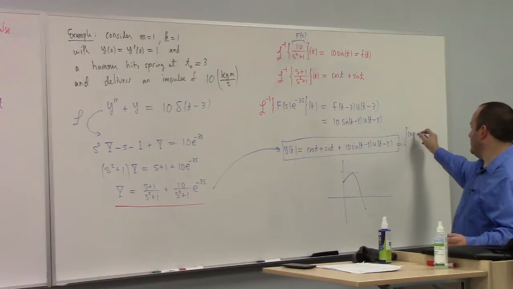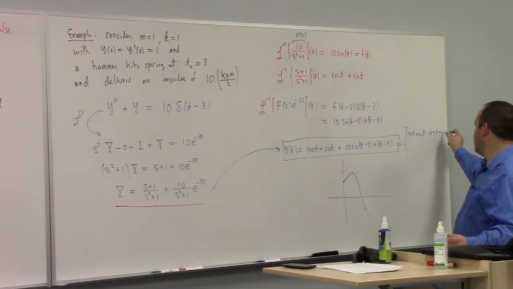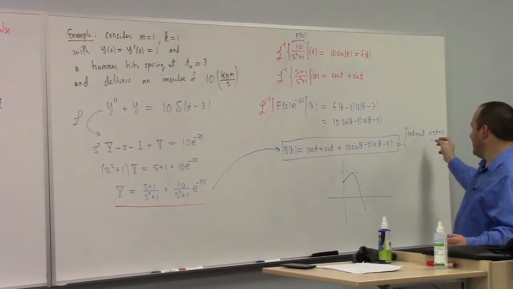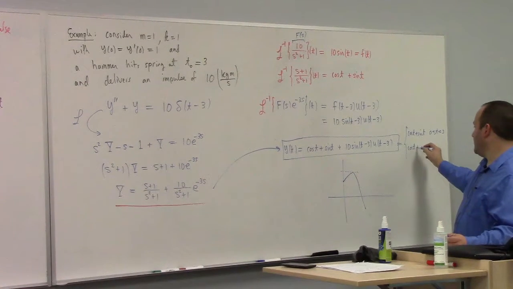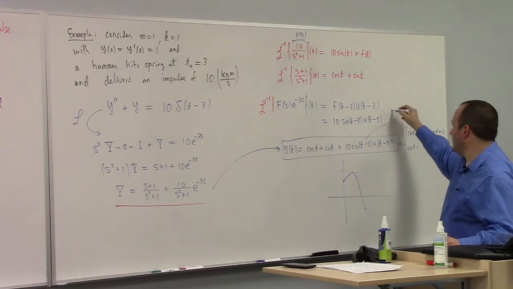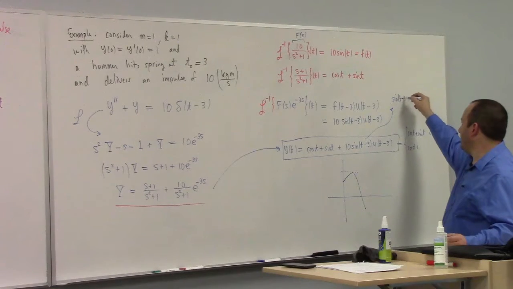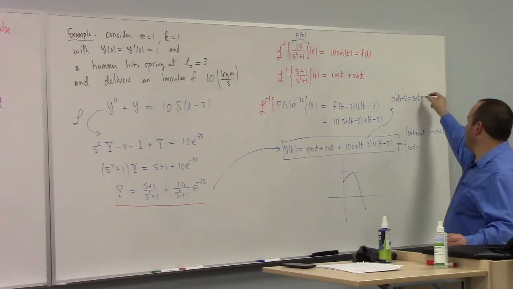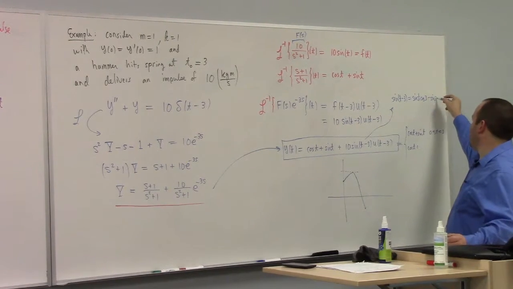So you got like cosine t plus sine t for 0 less than t less than 3, right? And then after that, you got what? You got cosine t plus, fine, let me do a little bit of algebra here. That sine of t minus 3 is what? It's sine t cosine 3 minus the sine of 3 cosine t.